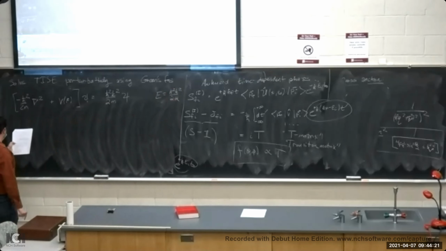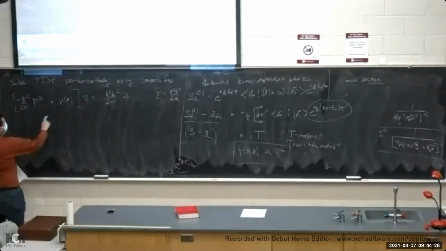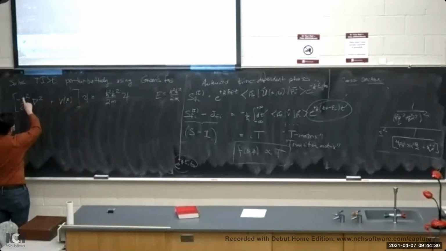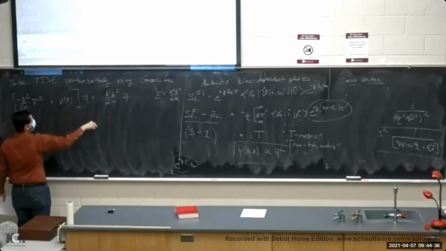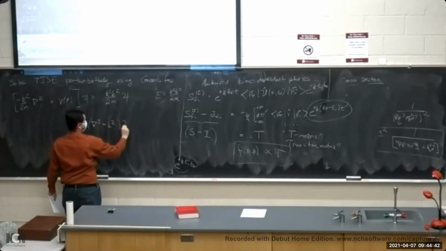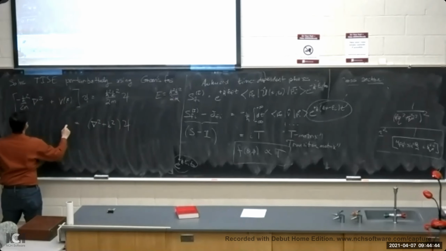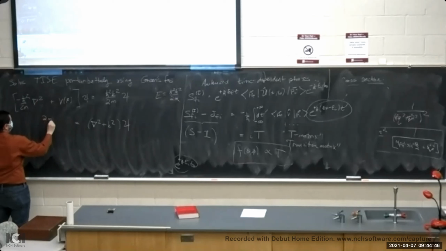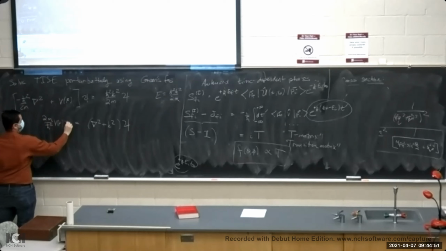So let's move around the potential here a little bit. I'm going to move this term to the left-hand side, and cancel out factors of 2m and h bar squared. So on the right-hand side, I will write this as Laplacian plus k squared, acting on the wave function psi, equals 2m over h bar squared V of r psi of r.